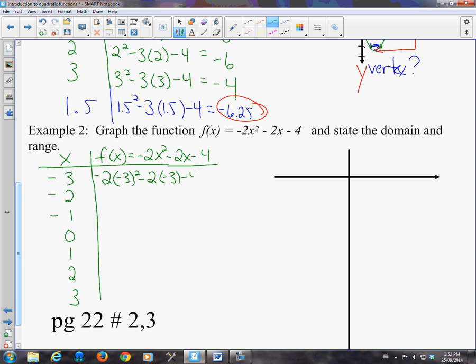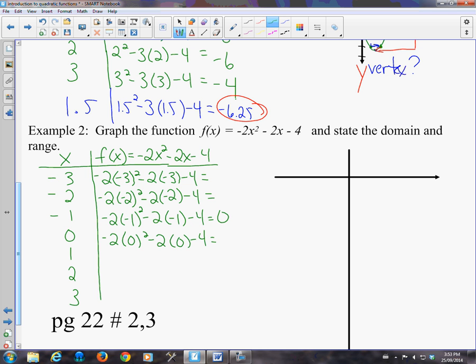I'm going to fill in my table. Oops, not sure why I put 0 there. My brain was not functioning.